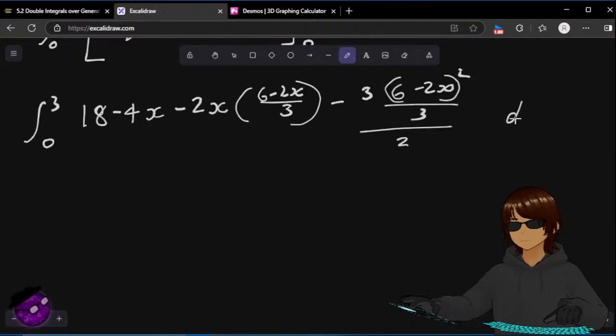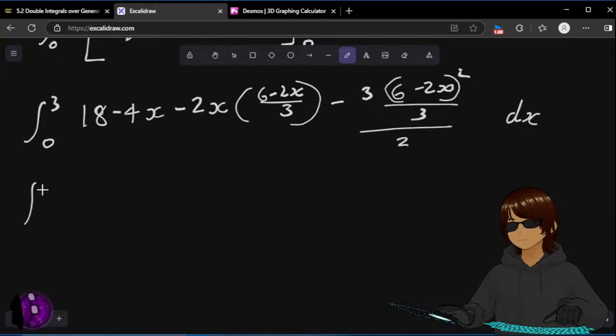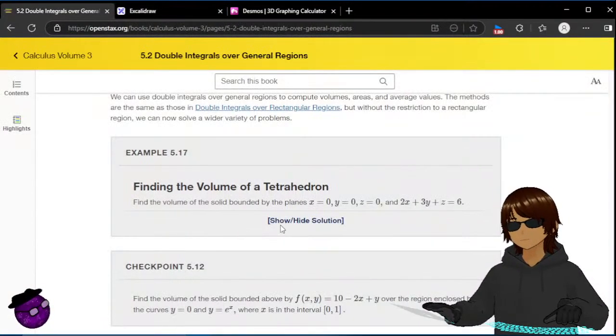Is this right? Imagine if they have a simpler method. Let me see if I'm actually right. I don't think I'll complete the entire thing. I just want to know if I'm heading in the right track.